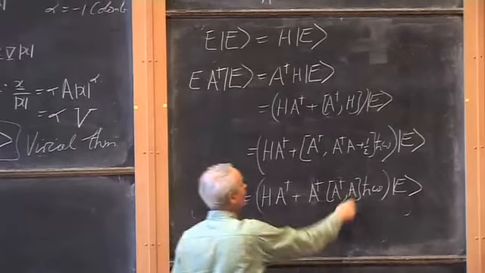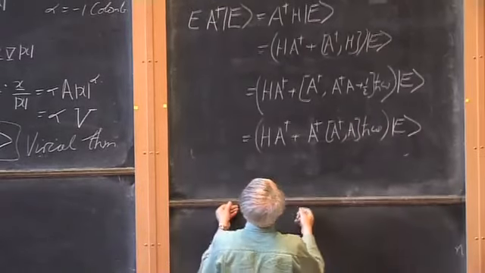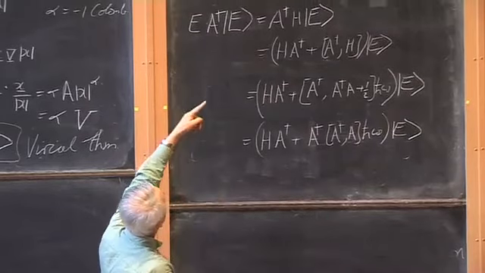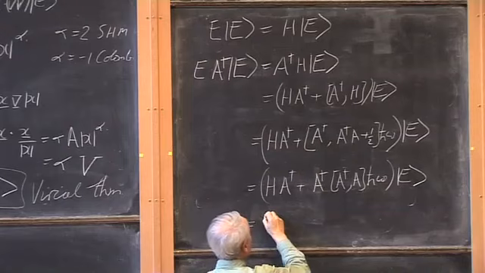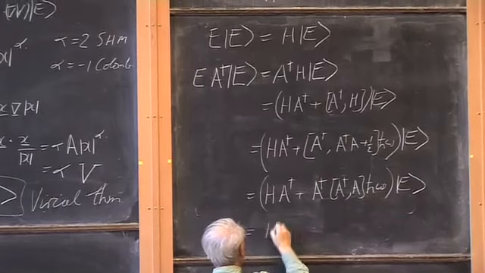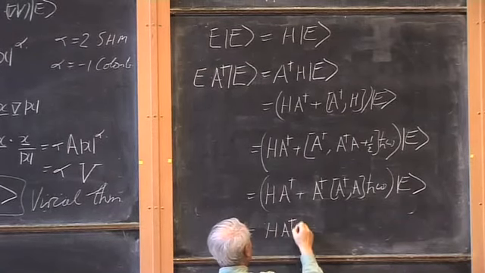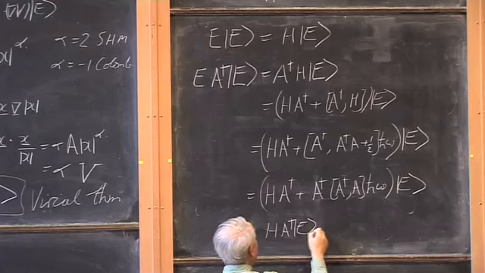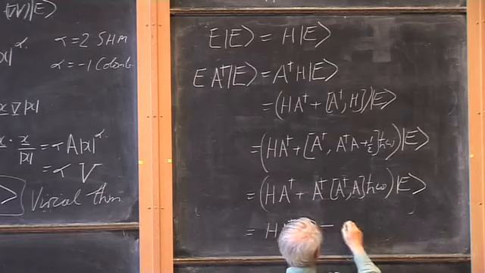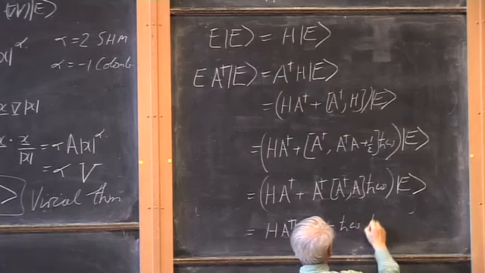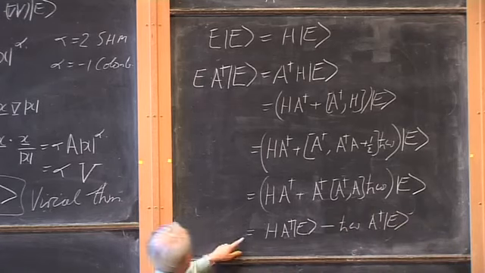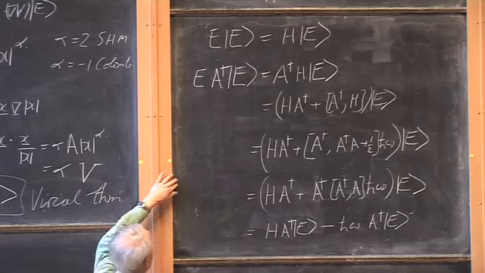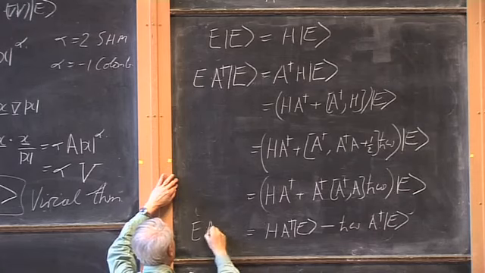But we just worked this thing out and found that it's minus 1, right? [a dagger, a] turned out to be minus 1, so this is equal to H a dagger |E> minus h bar omega a dagger |E>. Just to remind us, what we had on the left was E a dagger |E>.